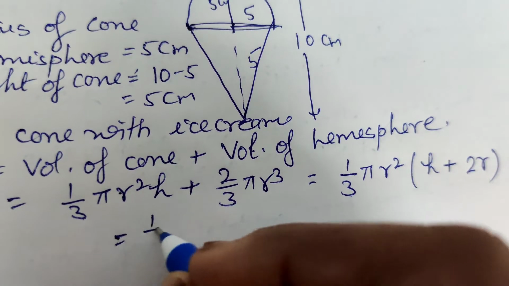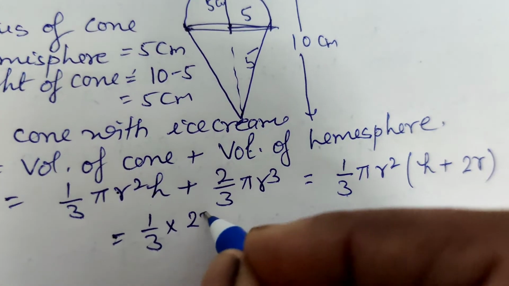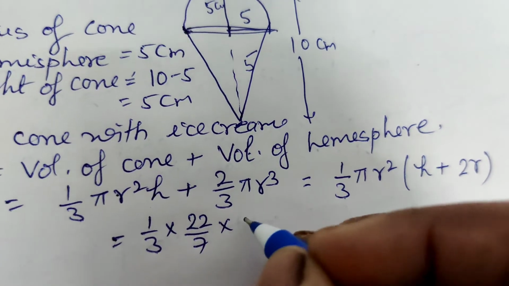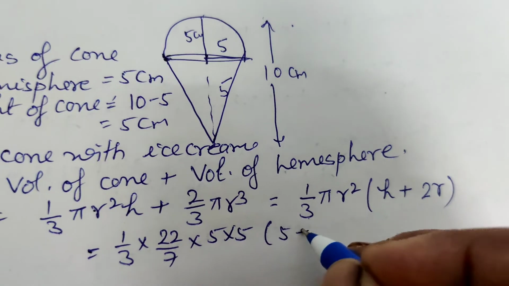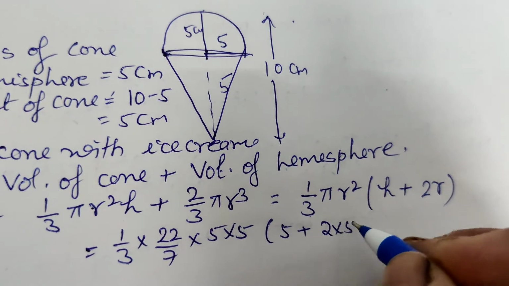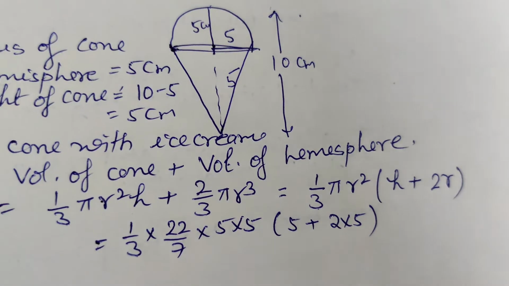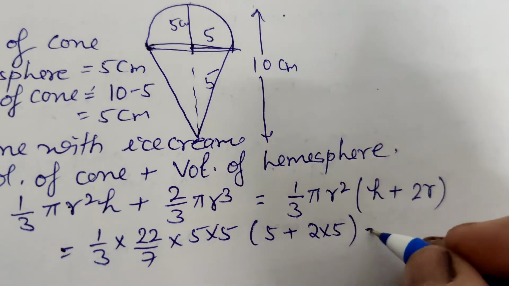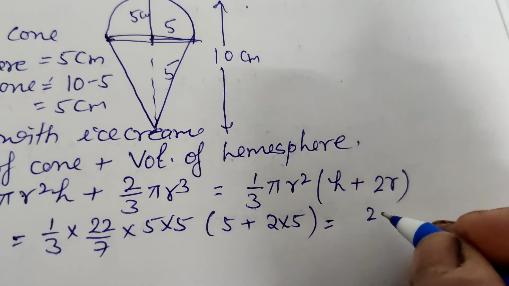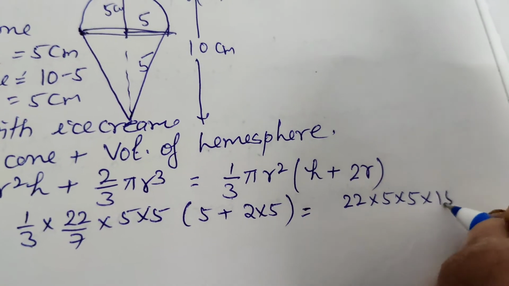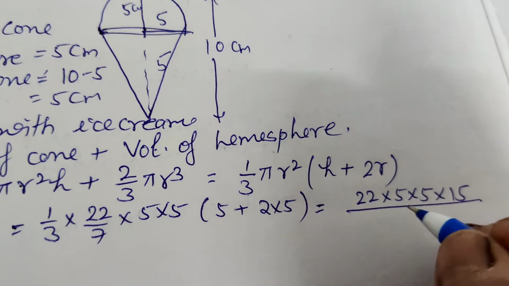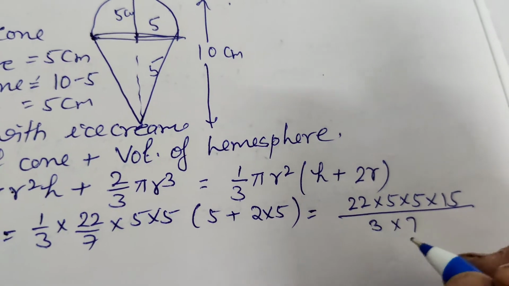Now put the value, 1/3 pi is 22/7. Radius is 5 into 5 and h plus 2r is 5 plus 2 into 5. So we get 22 into 5 into 5 into 15 by 3 into 7.